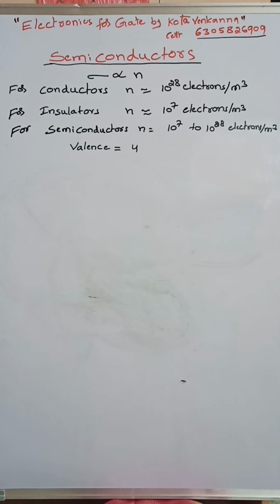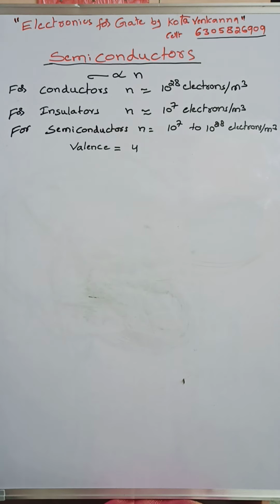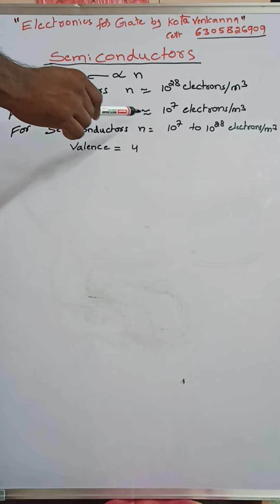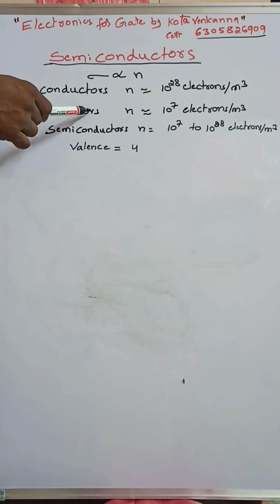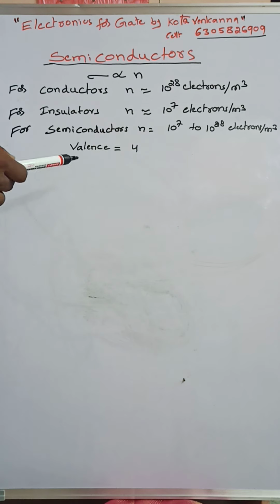For conductors, the concentration of free electrons is approximately 10 power 28 electrons per cubic meter, and for insulators, it is 10 power 7 electrons per cubic meter. For semiconductors, the concentration of free electrons lies in between insulator and conductor, that is 10 power 7 to 10 power 28 electrons per cubic meter.